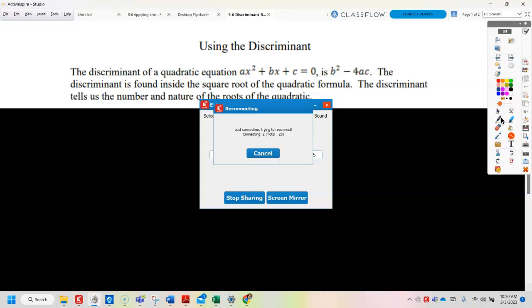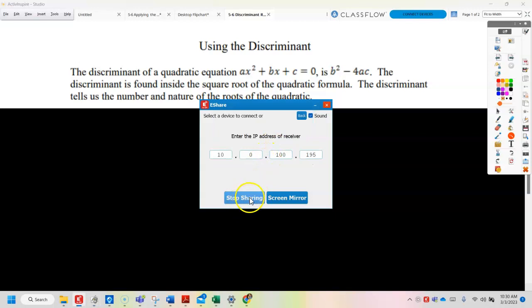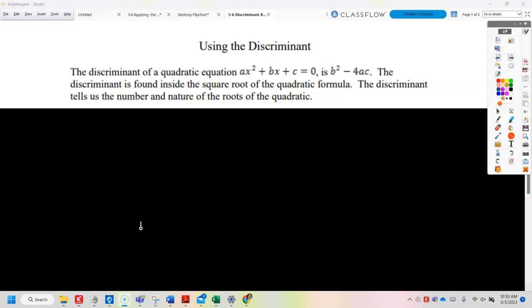And when we reference c, we are referencing the constant. So the x squared is the quadratic, the bx is linear, and the c is your constant.